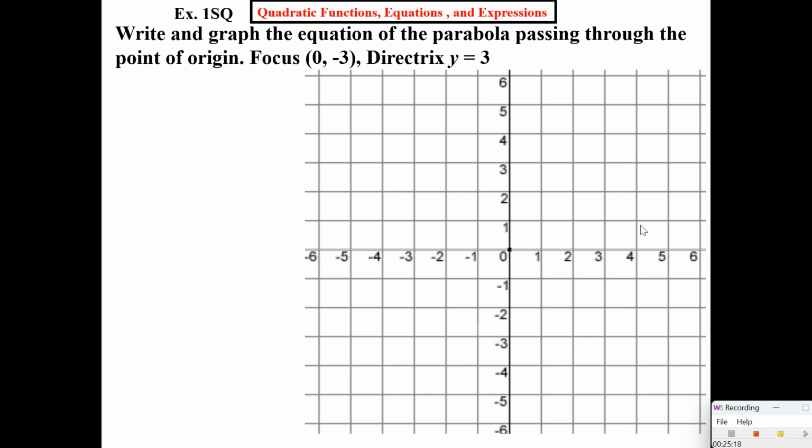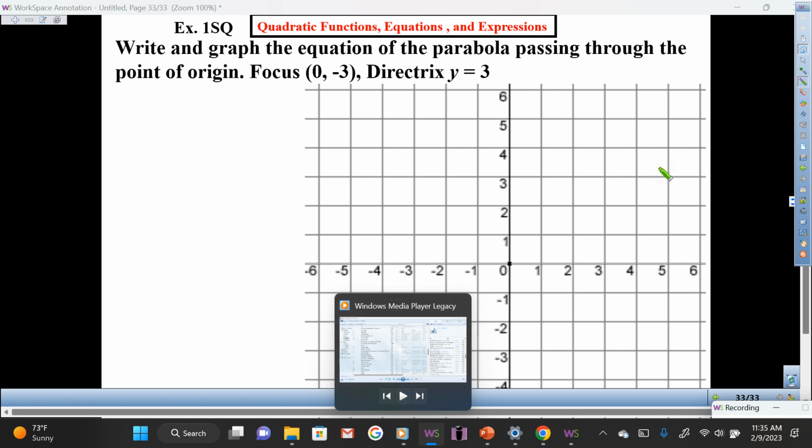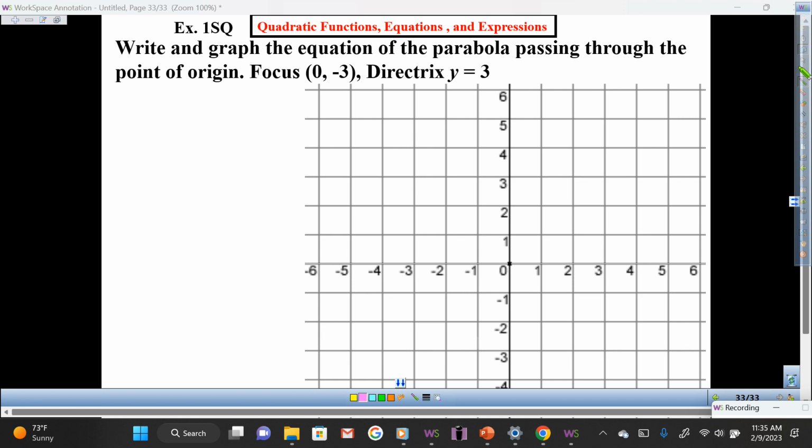All right. So let's see. It says, write and graph the equation of the parabola passing through the point of origin with focus (0, -3), and directrix y equals 3. So, first thing we do is write an equation.